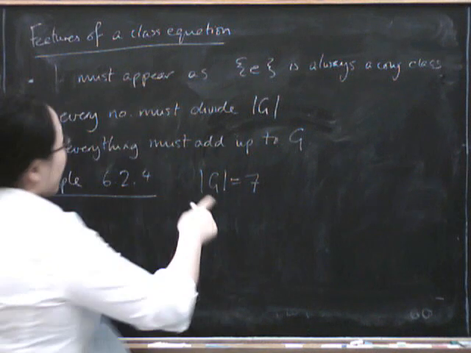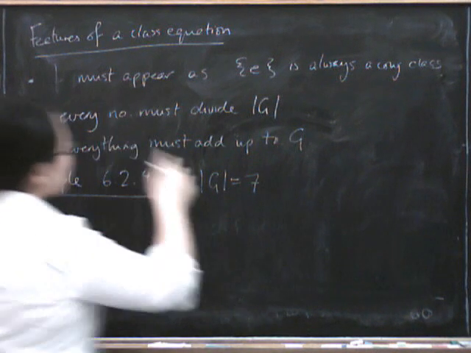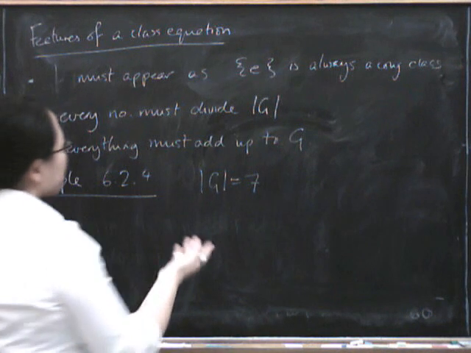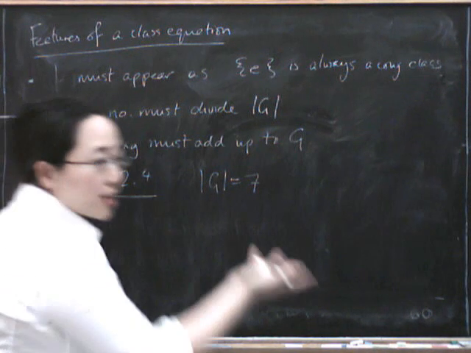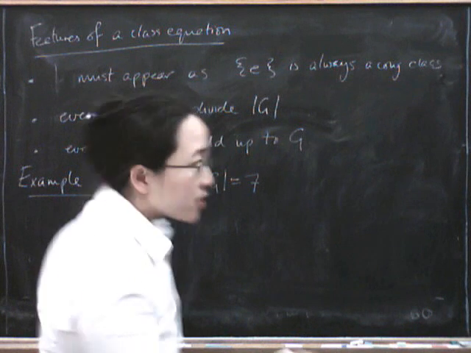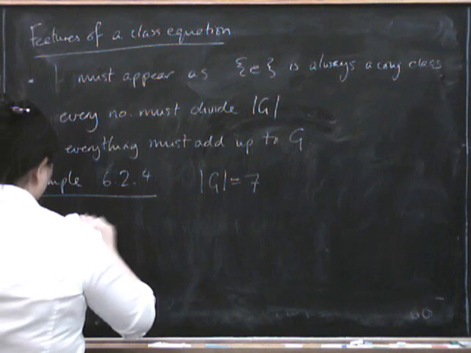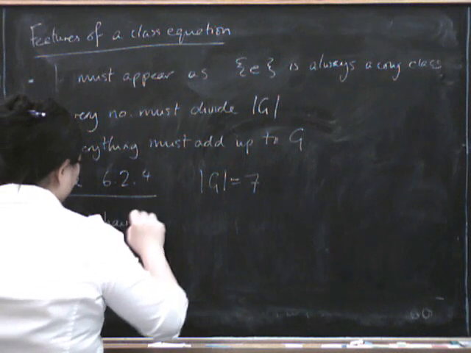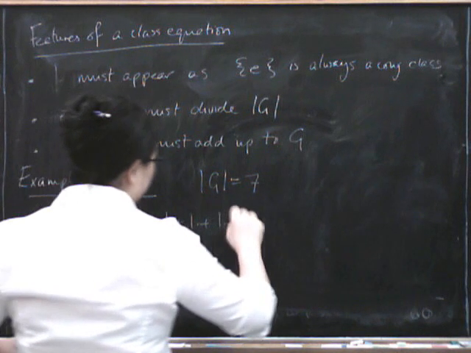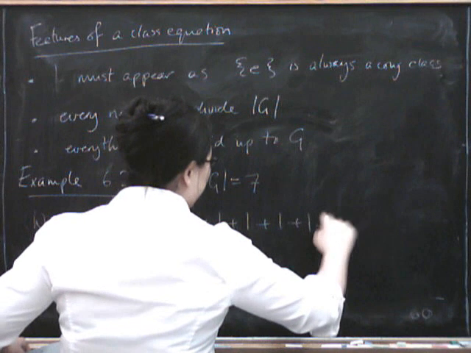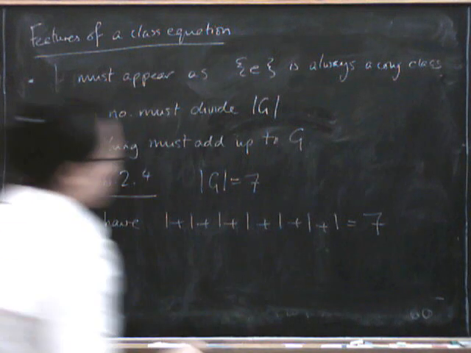Now, if 1 has to appear, then we've got no choice, because there aren't any other numbers less than 7 that divide 7. So all we can have is a whole load of 1s. We must have 1 plus 1 plus 1 plus 1 plus 1 plus 1 plus 1. That's the only thing we can possibly have.